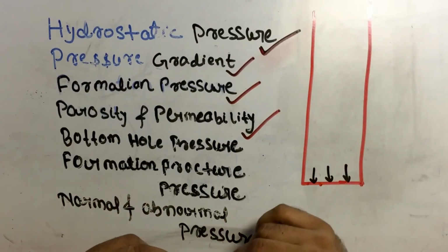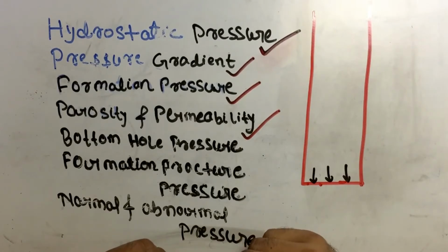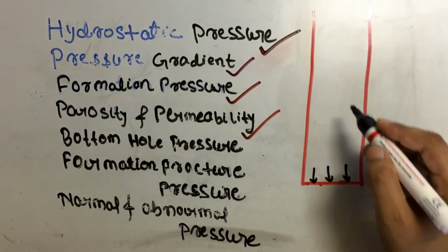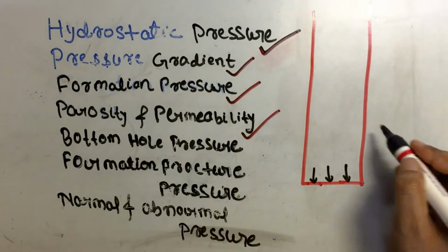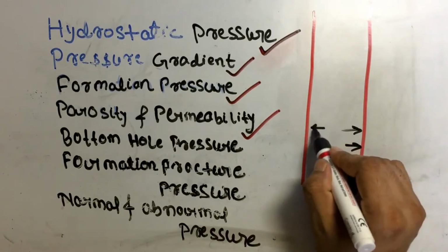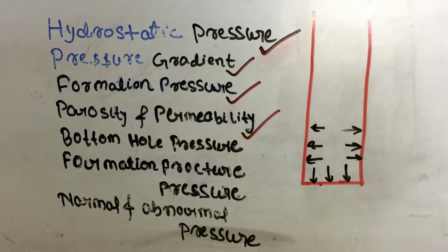What is fracture pressure? Formation fracture pressure is the pressure acting from the well bore side to the formation side, at which the formation will break down.